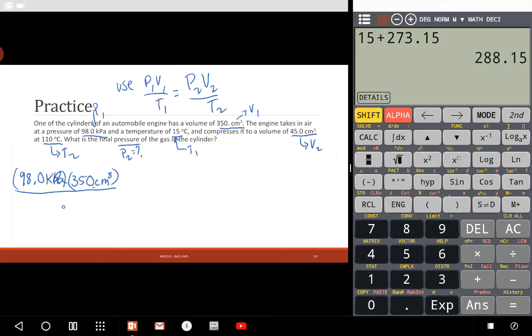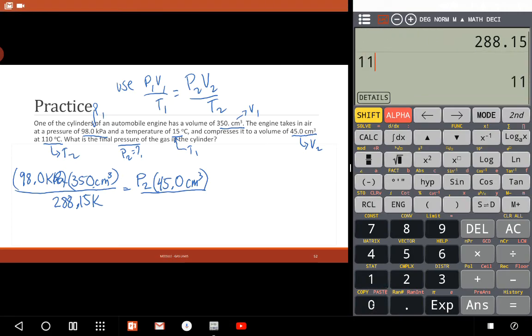We were always using Kelvin. And so that's that side of the equation. Now I can come over to this side. I am solving for P2, and that is V2, which is 45.0 centimeters cubed, and that temperature, which I got to convert into Kelvin again.